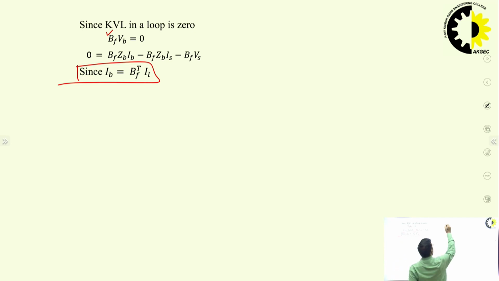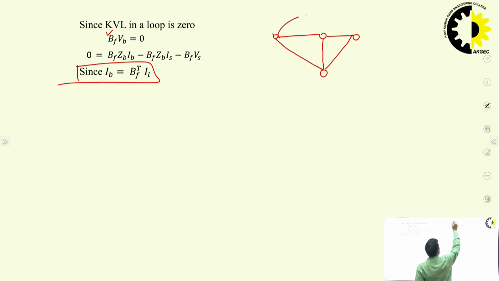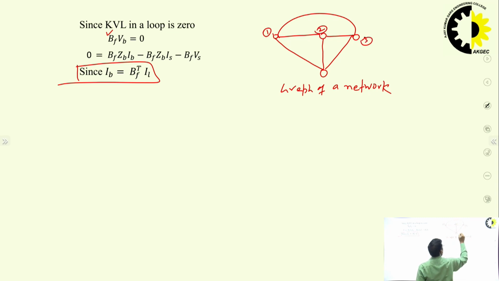Suppose there is a graph. This is the graph of a network. Okay, there are 4 nodes: 1, 2, 3, 4.